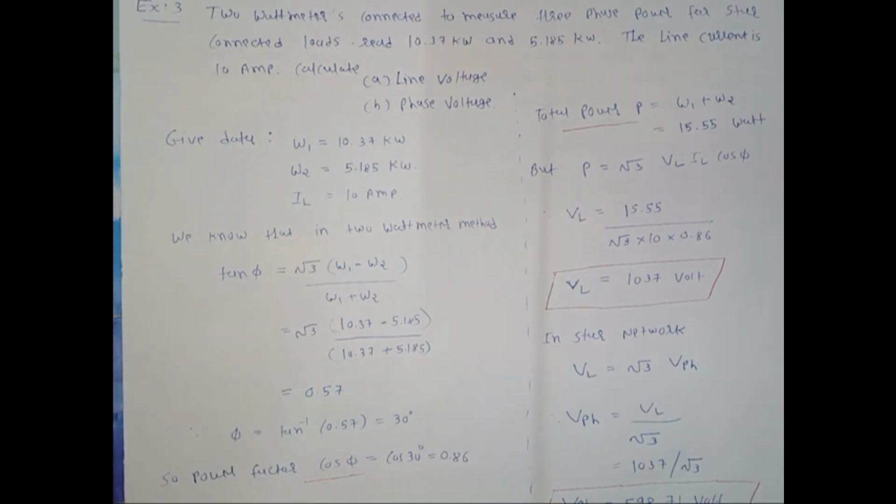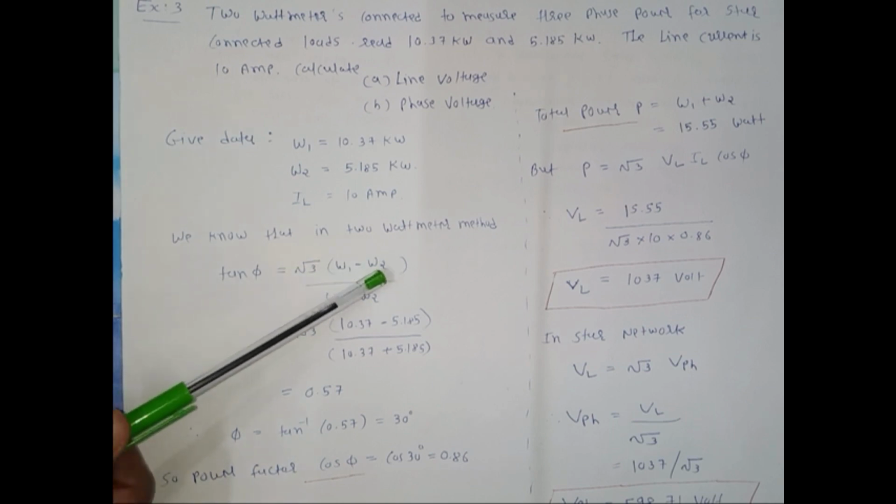Before moving on to this example, you have to read the theory about the 2 wattmeter method. In the 2 wattmeter method, we find the phase angle phi by using this equation, which is very important for the exam: tan phi equals root 3 times W1 minus W2 upon W1 plus W2.